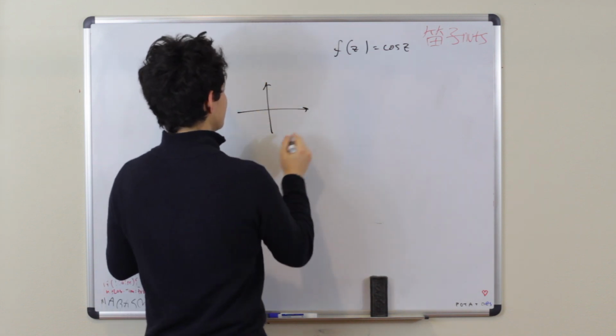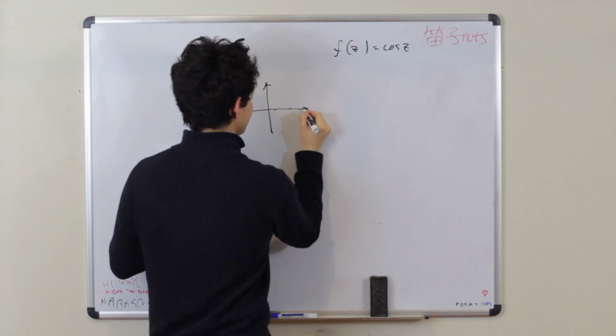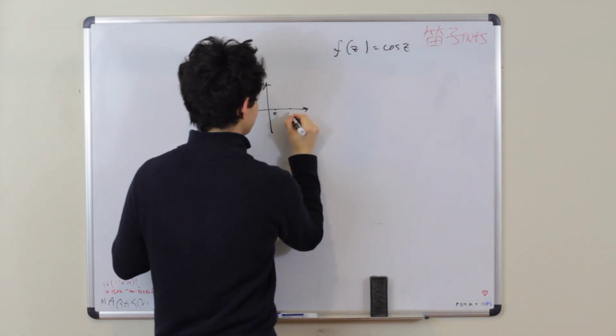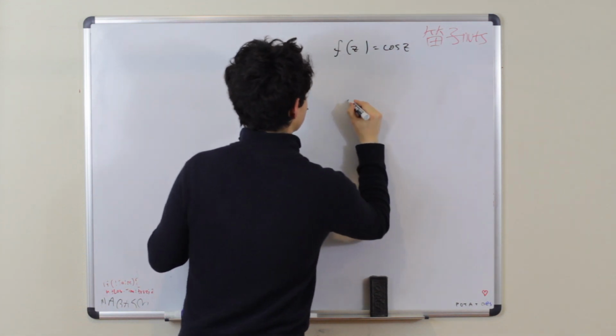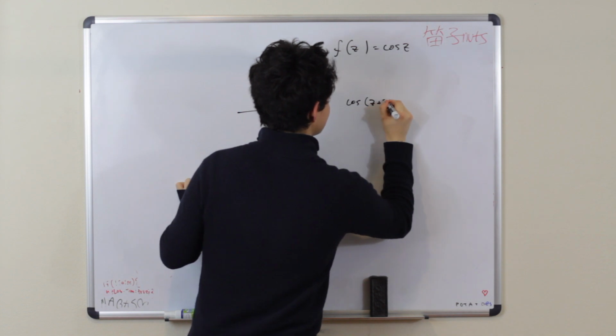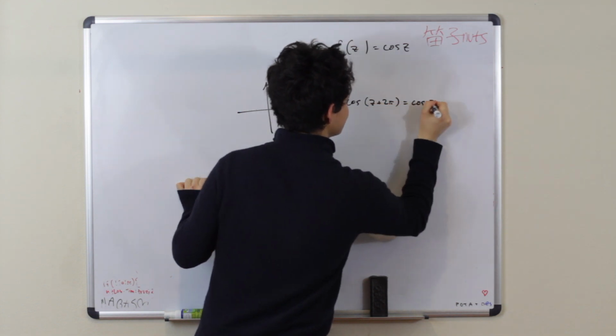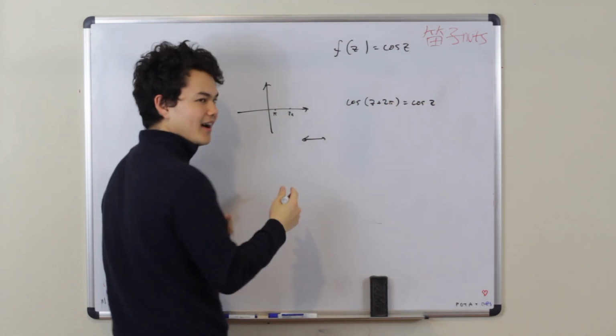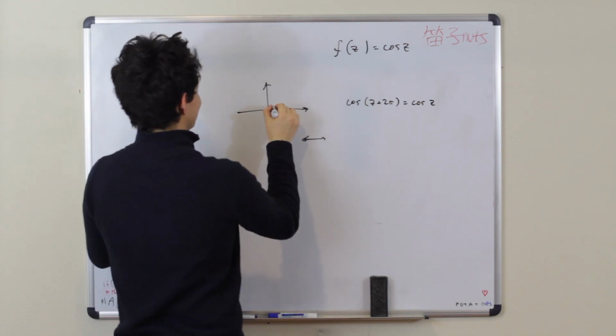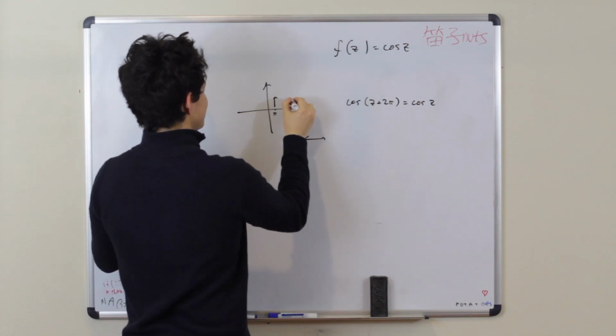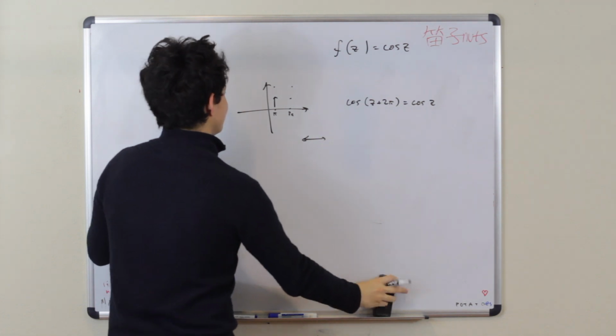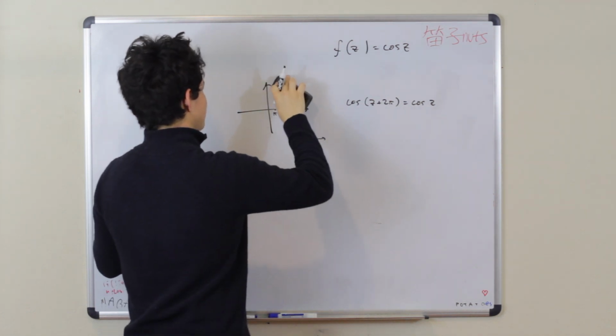So cosine is indeed periodic in the real direction, because there's pi and 3 pi, and in general, cosine of z plus 2 pi is indeed cosine of z. It's periodic in this direction. I also thought it was periodic in this direction. So I thought that there'd be a root here and a root here, etc. No. Cosine and sine and all that do not behave like that.